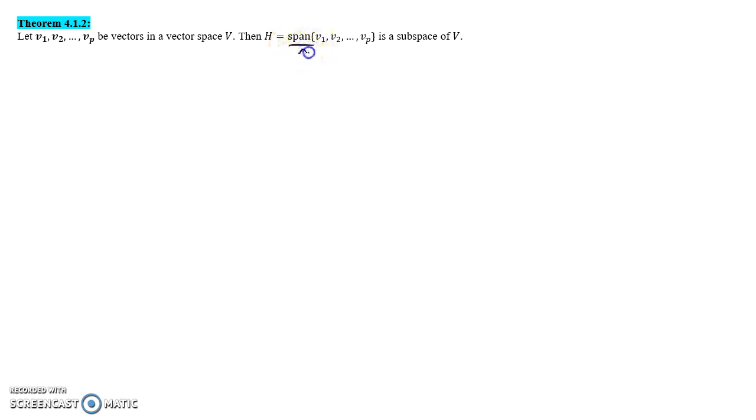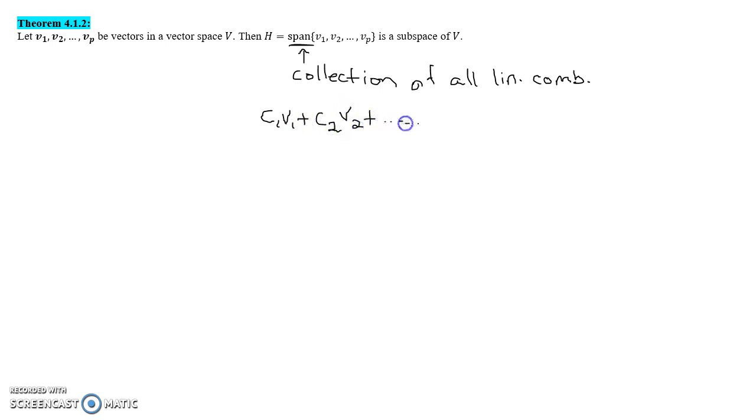So a span of vectors is the collection of all linear combinations. I'll jot that down. Collection of all, let me just abbreviate, linear combinations of the vectors v1, v2 up to vp. So a collection of all linear combinations means if we have some scalar c1, where c1 is just any number, times v1, plus any scalar c2 times v2, and so on, up to the last vector, in this case vp.